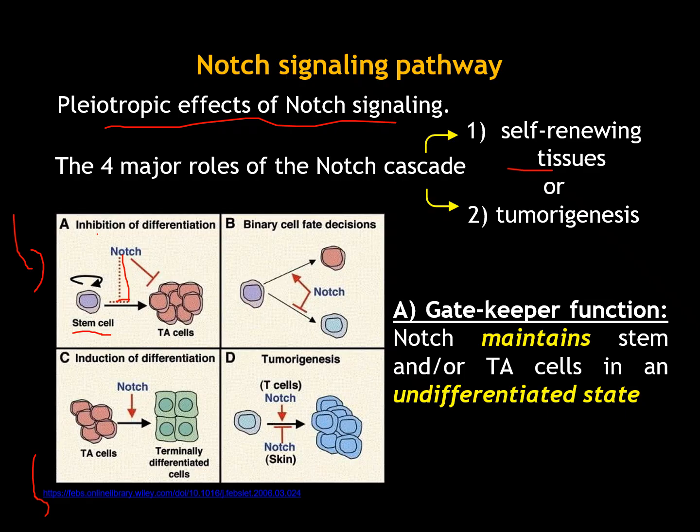That is very ironic because when it's unregulated, it could also be in charge of tumorigenesis, the production of tumors. So Notch maintains the stem and or TA cells. Here you see the TA cells in an undifferentiated state.